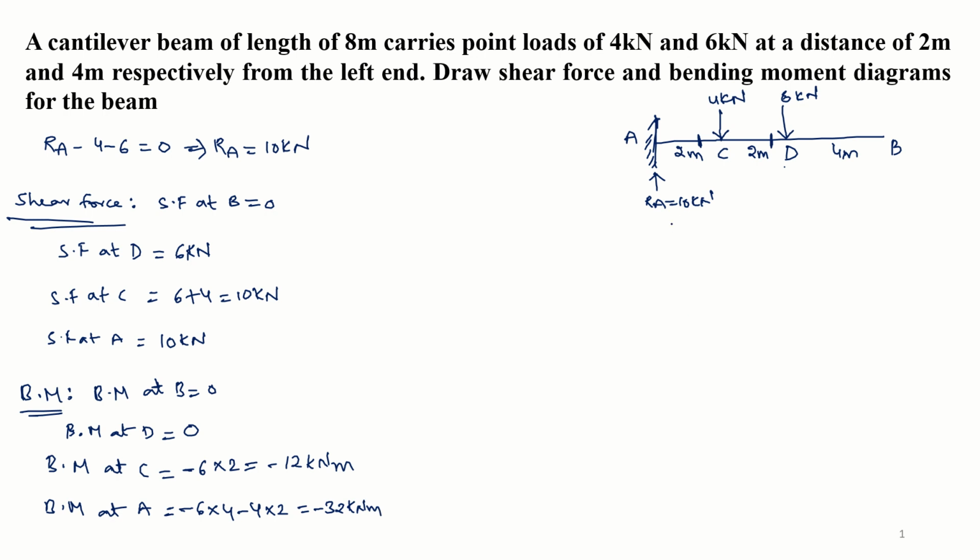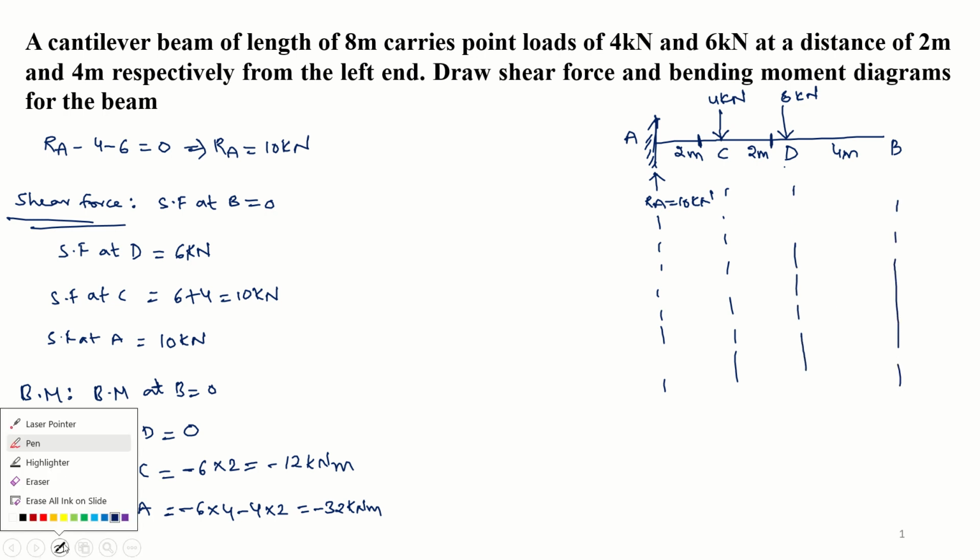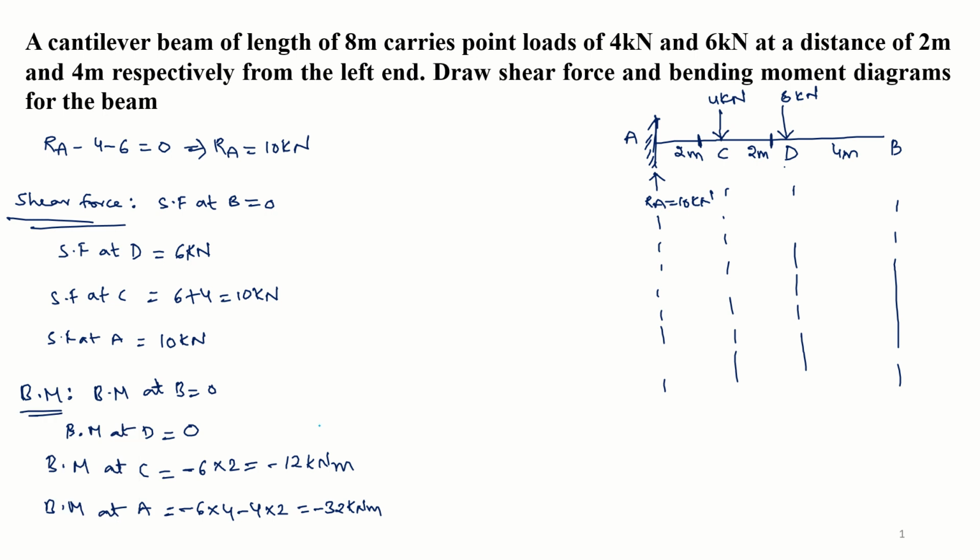Now we will sketch the shear force and bending moment diagram. So let's drop the lines. So we will do the shear force diagram first. So we can see for cantilever, almost all the shear forces will be positive only. So this is B, this is D, this is C, and this is A. So if you see here, what is shear force at A?